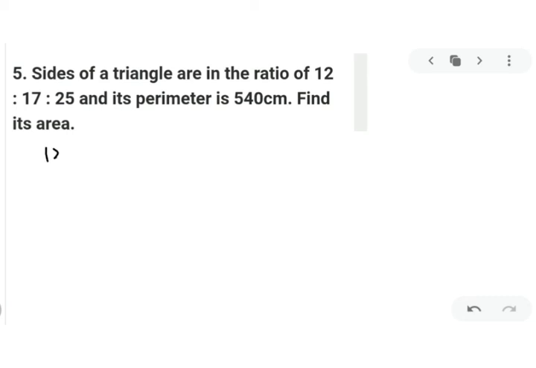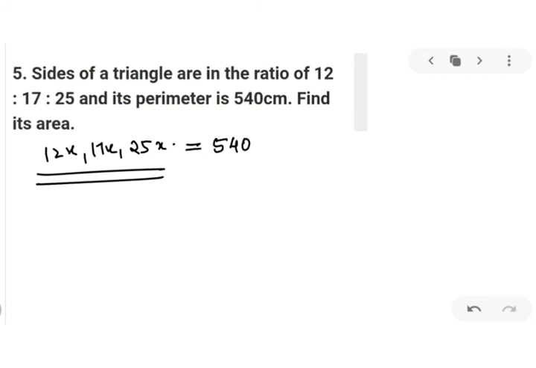So it will be 12x, 17x, and 25x. These are the sides, and the addition of all sides, that is the perimeter, is given as 540. From there you will get the value of x, that is 10. Am I correct with this?